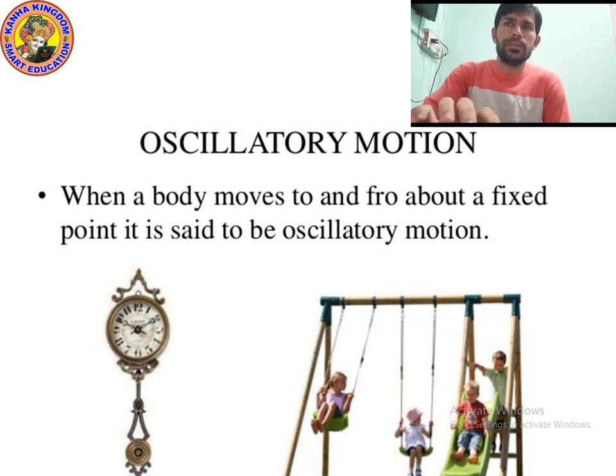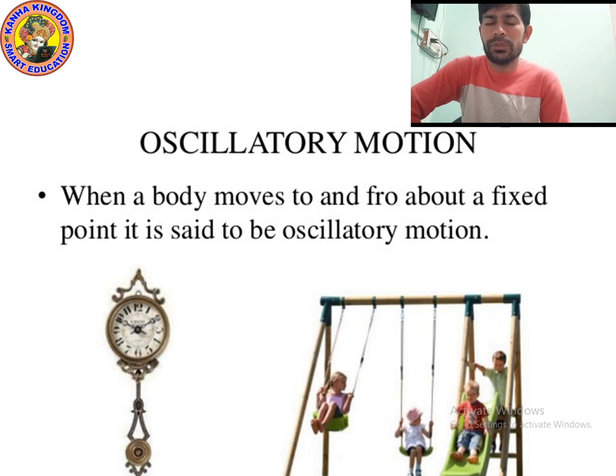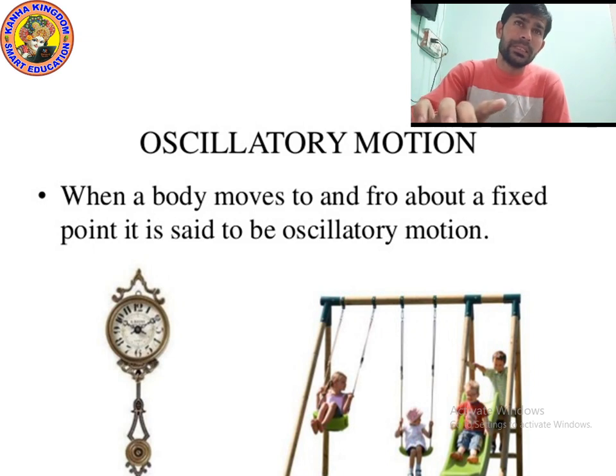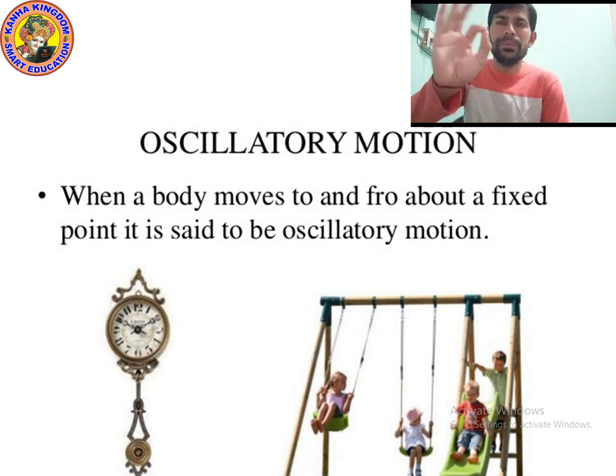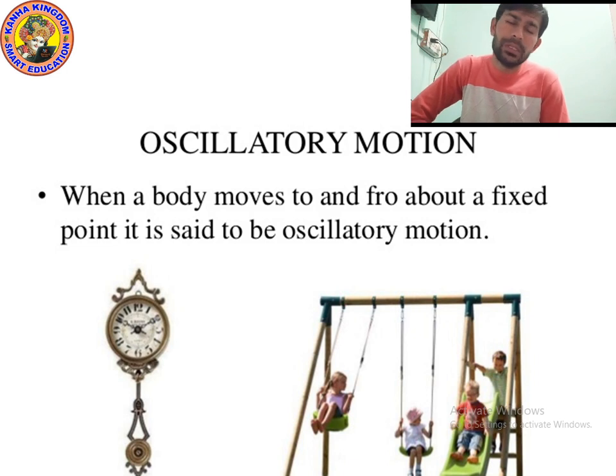Sometimes the whole object doesn't show the motion in vibratory motion. So there may be a little difference between oscillatory and vibratory motion, but otherwise both are the same, because both are to and fro motion.